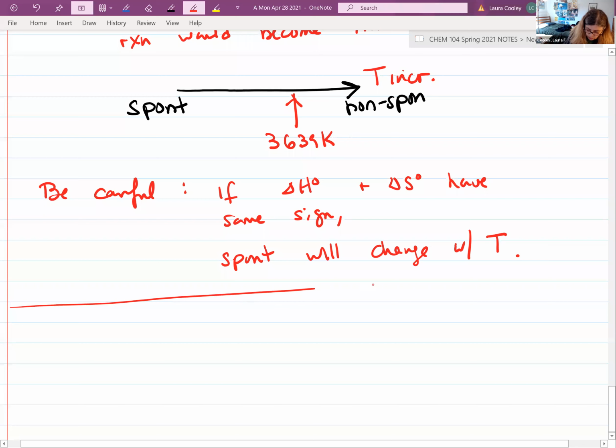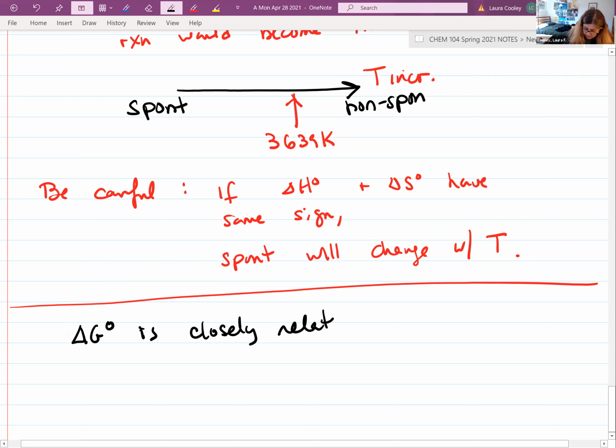There's only one more important thing that I need to tell you about. That's really the last topic in this unit. And that is that this delta G0 is closely related to the equilibrium constant.